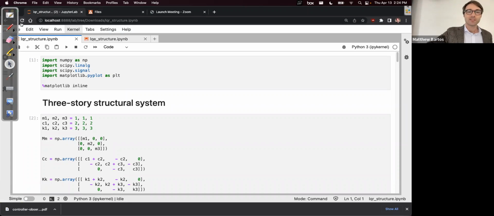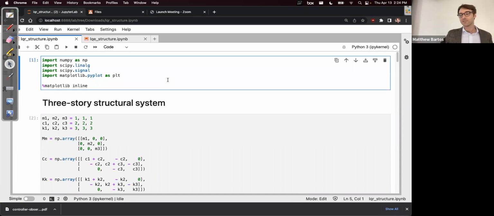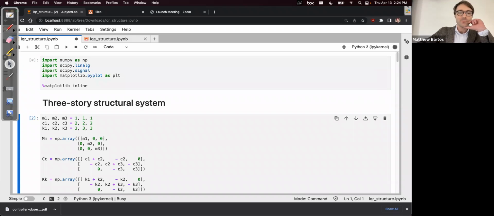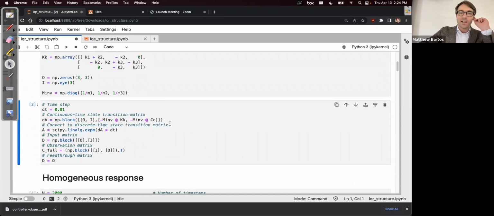In this notebook, I have implemented LQR for the 3-story structural system. So just as before, we have our structural system. In this step, I'm converting it from a continuous time to a discrete time system.